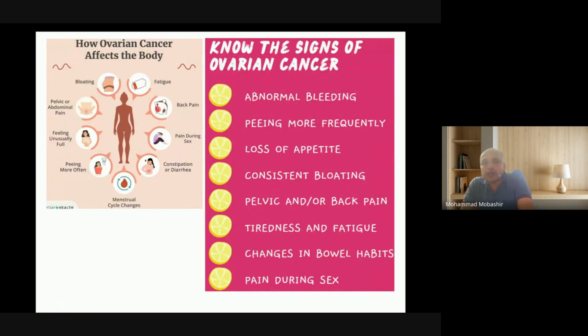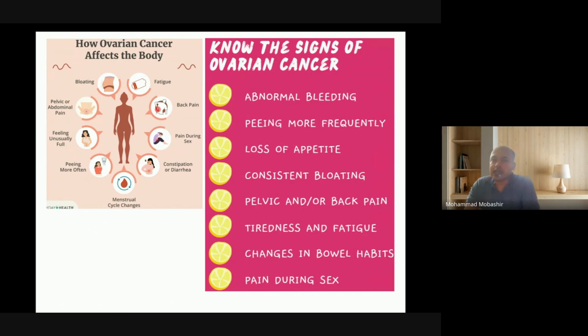So now, after you know the symptoms of ovarian cancer, there are 5 or 6 points which you need to keep in your mind always in order to get aware. So before you develop such diseases, you could identify what is happening and you can contact the doctor at the right moment before it is too late.